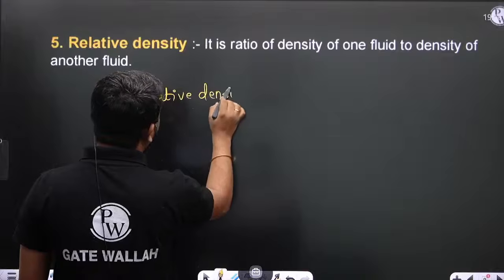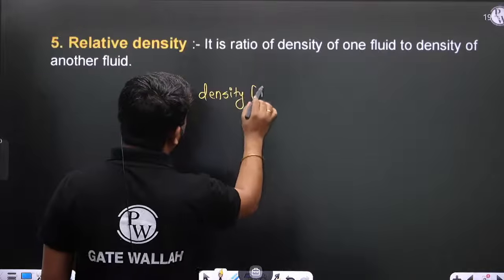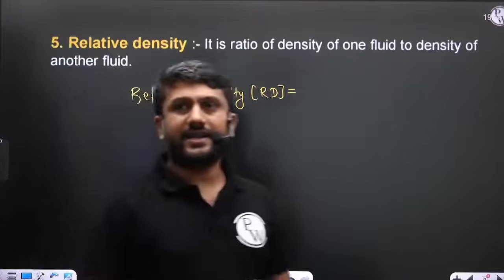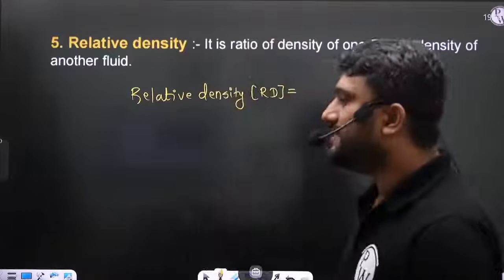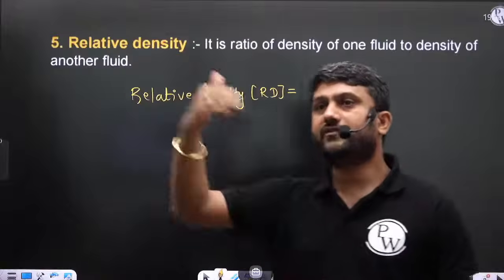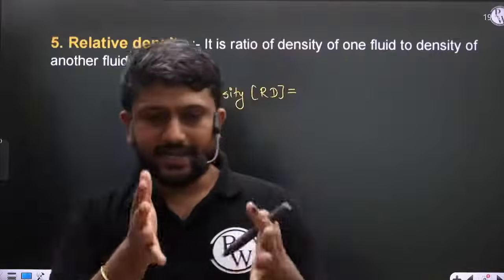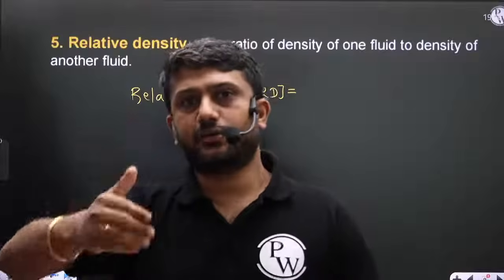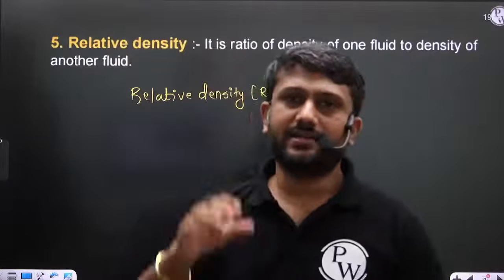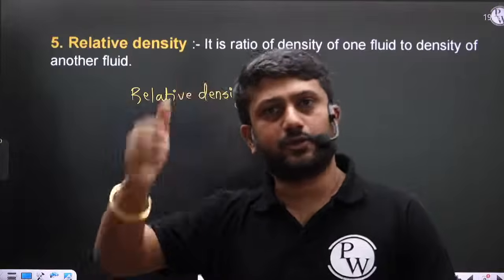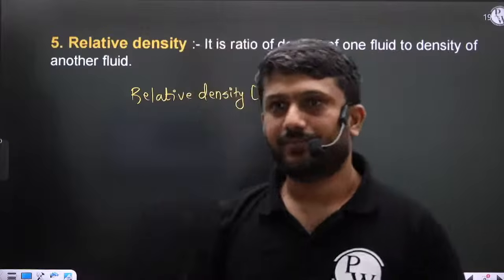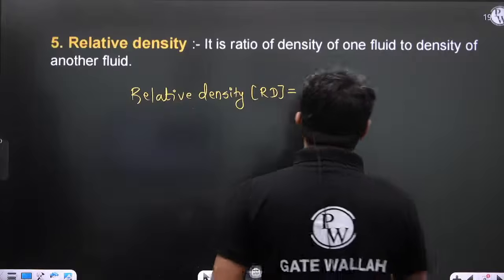Relative density is a ratio of density of one fluid with respect to a reference fluid. So if you are comparing the density of one fluid with respect to some reference fluid, then that is a relative density, right?